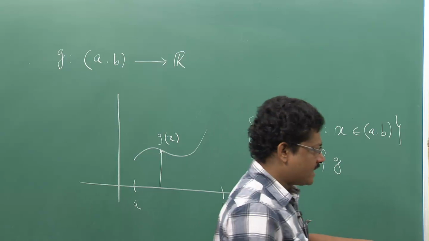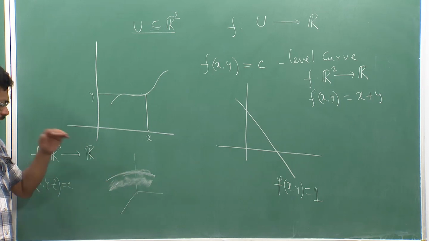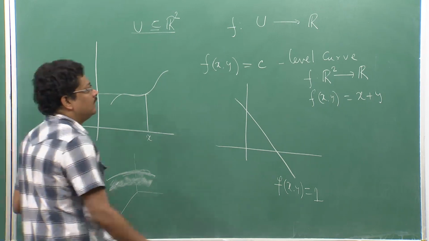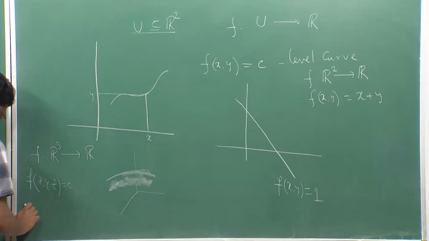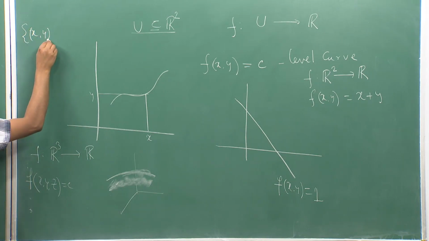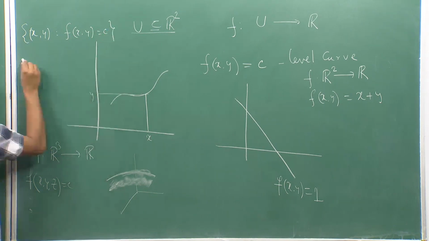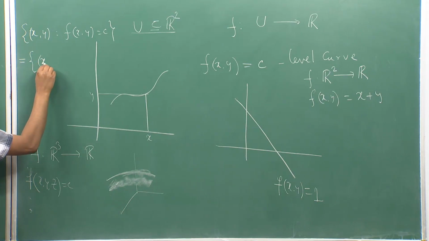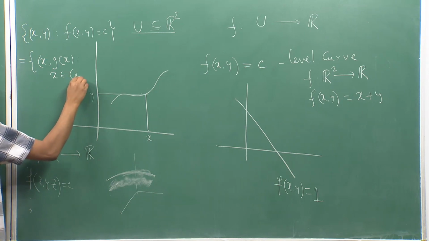Well, for the surface, can I ask this question: does there exist a function g from, let us say, R2 to R such that I can write f(x, y) = c, the set of all (x, y) here, as the same as (x, g(x)) with x belonging to some interval (a, b)?